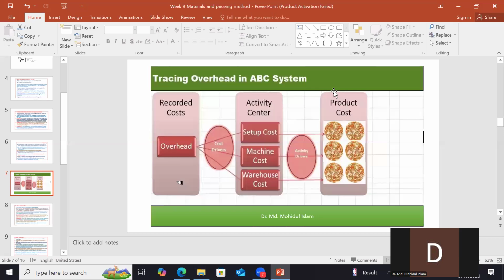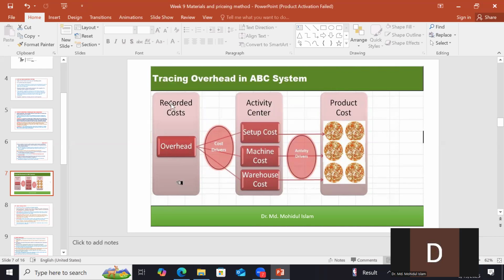Okay, another ABC system. This ABC system is on the basis of product cost. Before, I tried to discuss ABC analysis on the basis of product importance or product value, but here we categorize ABC analysis on the basis of product cost.